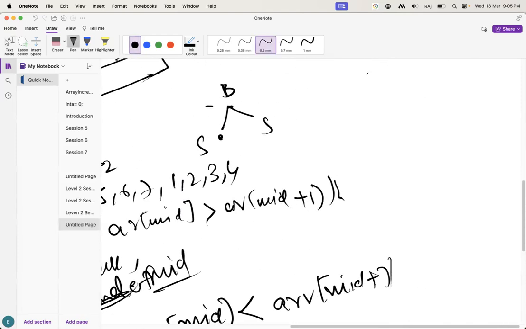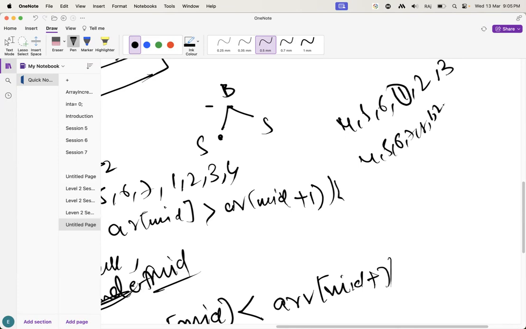Let's suppose this one, guys. 4, 5, 6, 1, 2, 3. Let's suppose we found the mid value here, let's take this as the mid. Let's take this other one as the mid element. The next element is greater than the mid element.